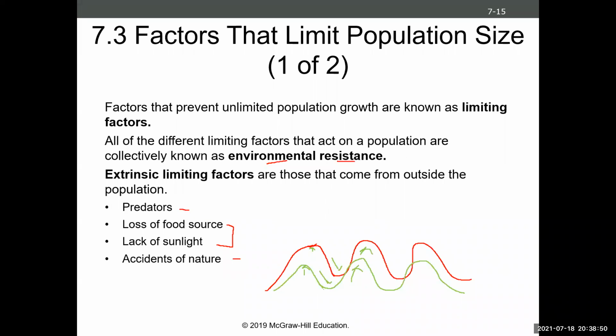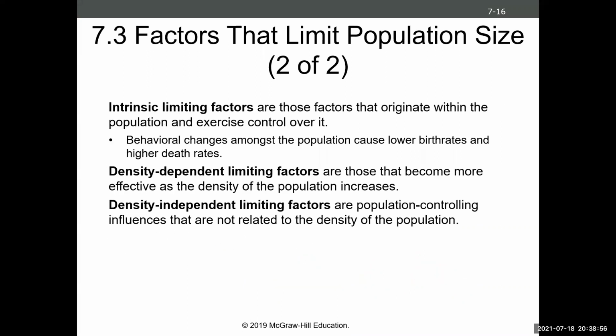This hare-lynx relationship is a density-dependent limiting factor, but it's an extrinsic limiting factor, so it's coming from out of that population. Density-independent limiting factors are basically factors that control a population that aren't related to density. And density dependent is a function of density.